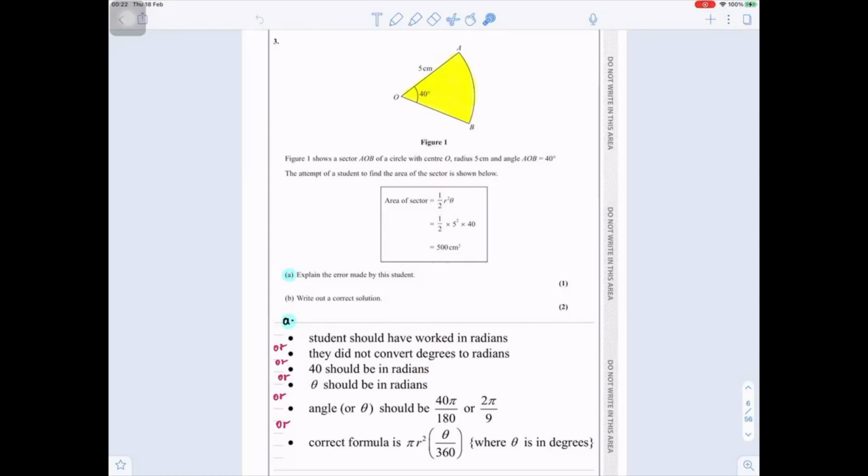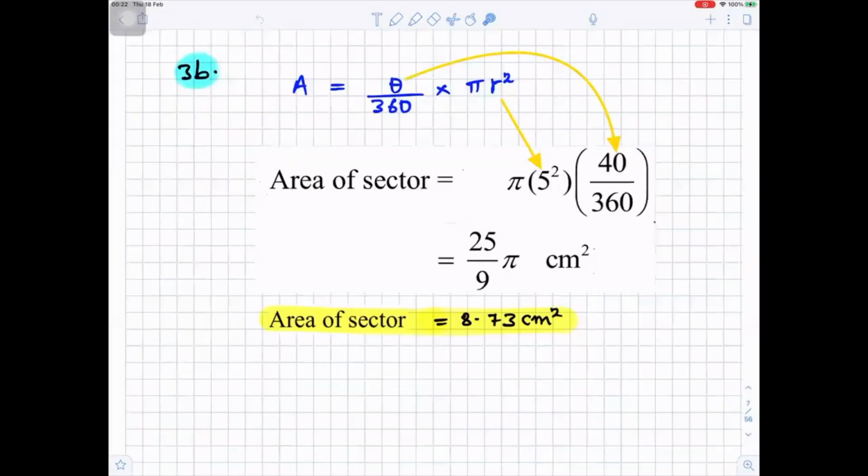Now you can use the formula. The formula is angle over 360 times pi r squared. That's the formula you should use for finding the answer. So the student should have used radians. And this is the correct solution for 3b. Angle divided by 360 times pi r squared gives you the area of the sector.